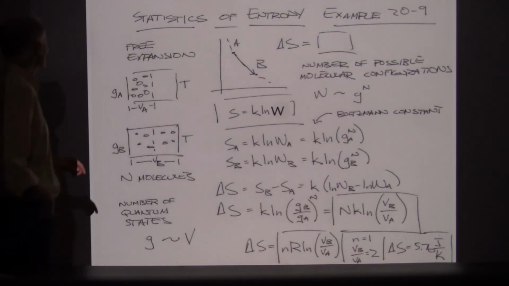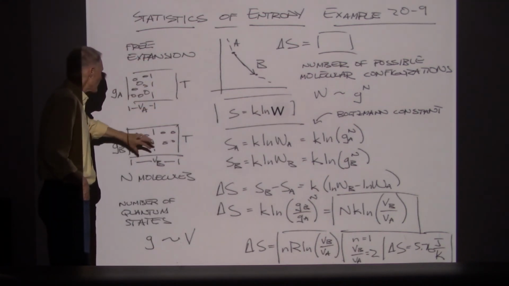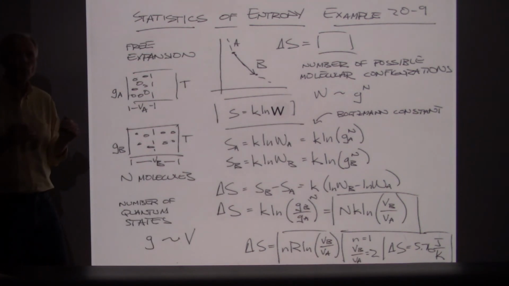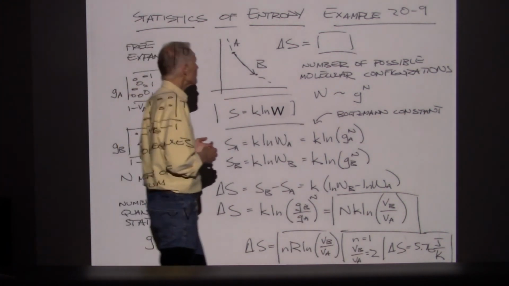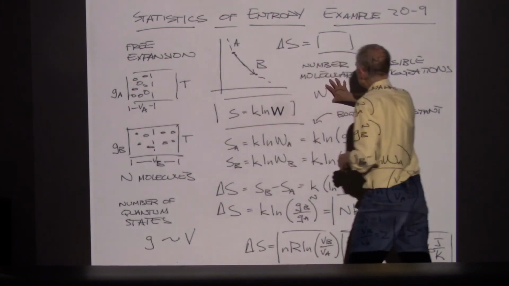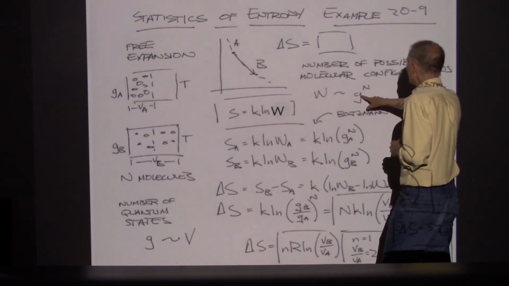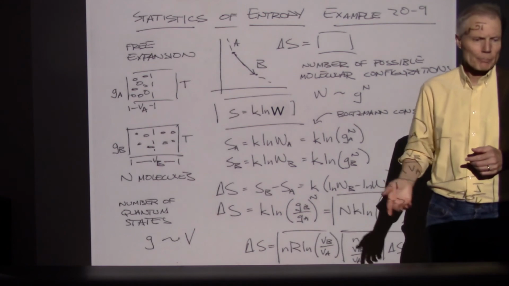So here we go. Same idea. We've got a certain number of quantum states here. When we take the barrier down, now the atoms or molecules have twice as many quantum states available to them. And so what we can say is that the number of ways that n molecules can be configured around g quantum states is g to the n power.